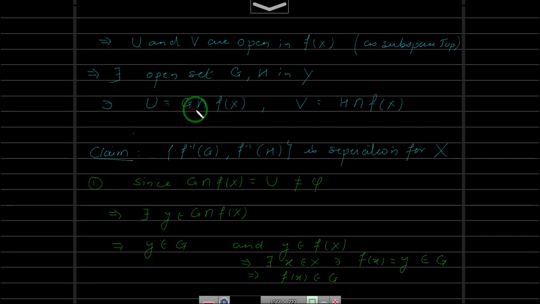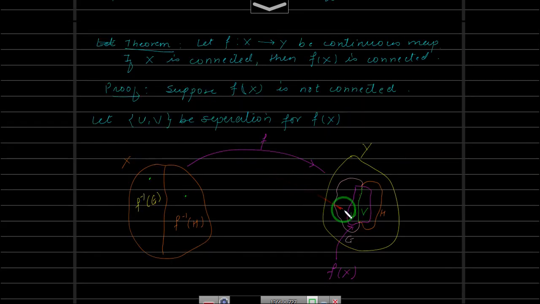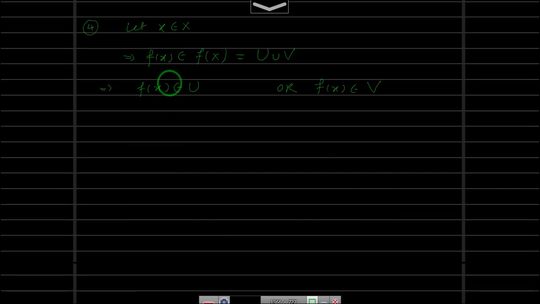So of course U is a subset of G and V is a subset of H. Also from the diagram you can see, U is a subset of G and V is a subset of H. So f(x) in U implies that f(x) will be in G, or it will be in H, because U and V are the subsets of G and H respectively.